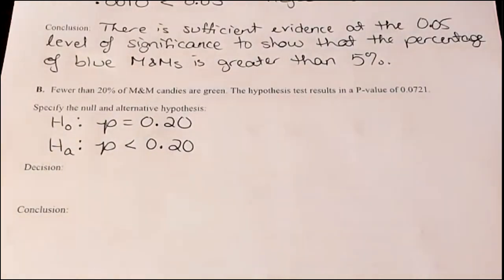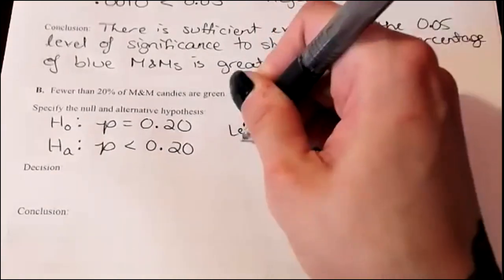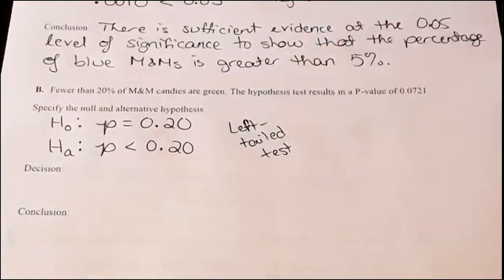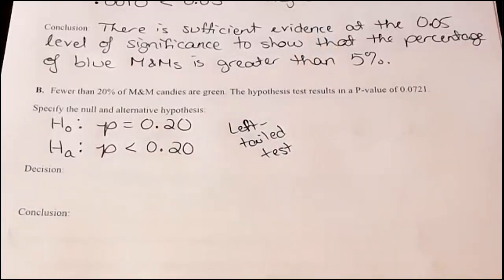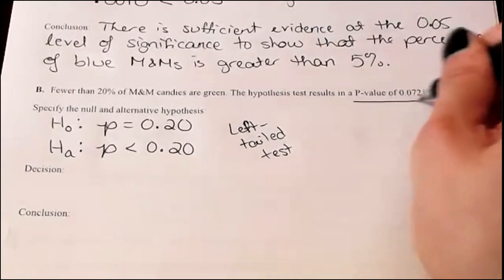So we've got both of our statements. What kind of a test is this? It's a left tail test. Yes, it is. We're going to write left-tailed test.